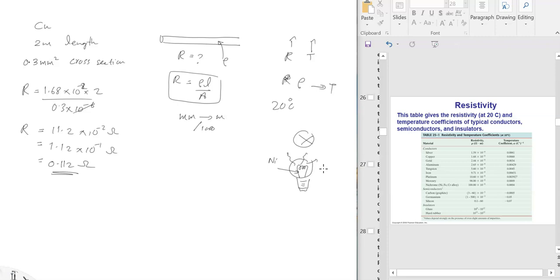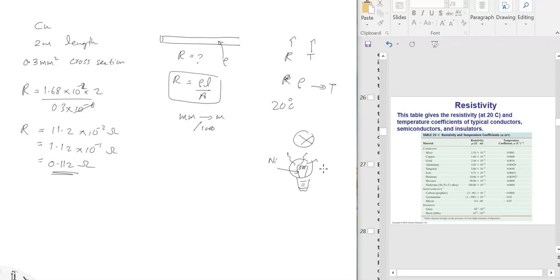When you go down the list, we switch to semiconductors with much higher resistivities, and then we go to insulators, glass and hard rubber. You see very, very high resistivity. That's why these things are called insulators. The resistivity is really high.